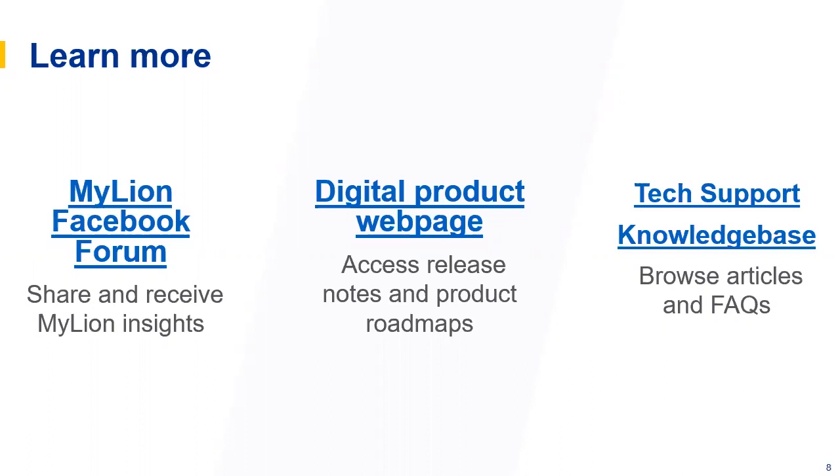Other Lions around the world, just like you, are sharing their MyLion feedback and things that they're experiencing and they would like assistance with. We also have the digital product webpage, which is a great resource to access release notes and product roadmaps to see what's upcoming. What can we get excited about in the future?